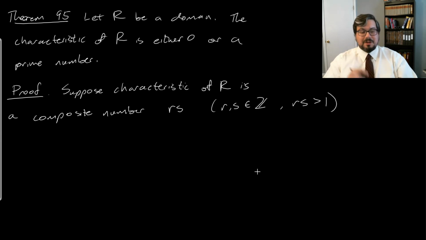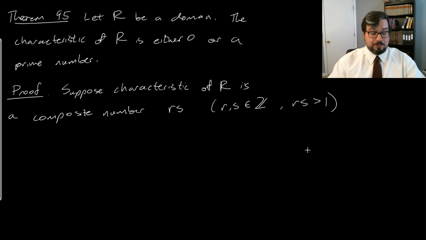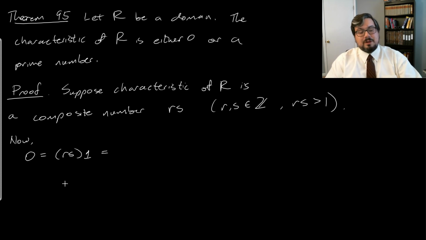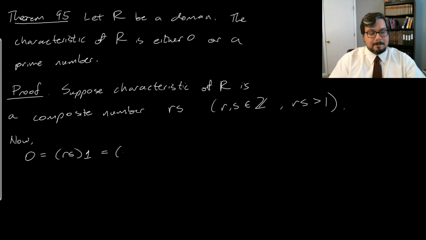So whatever the characteristic is, we assume it's a composite number, so it can be written as a product of 2 other numbers that are at least 2. So now we have that 0 is equal to RS times 1. That's just part of the definition of what it means to be the characteristic.